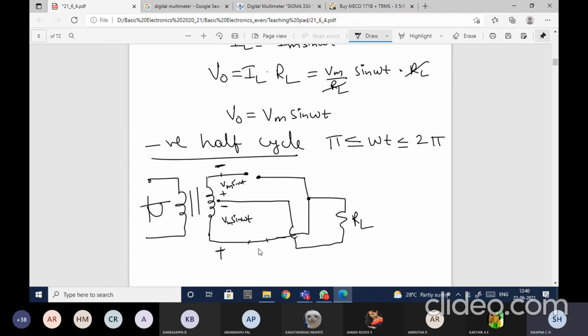So this is diode D2 and this is diode D1. D1 is open circuited and D2 is shorted. Now again we need to check whether there is any current flow or not. Let us just check. If the current has to flow, it has to flow from this terminal, so it will start flowing this way.